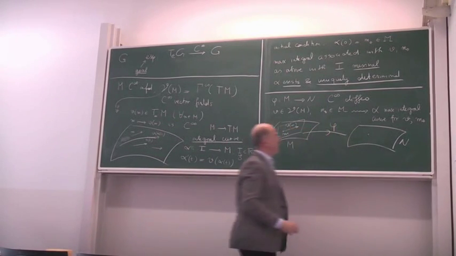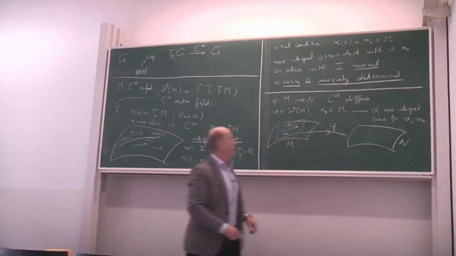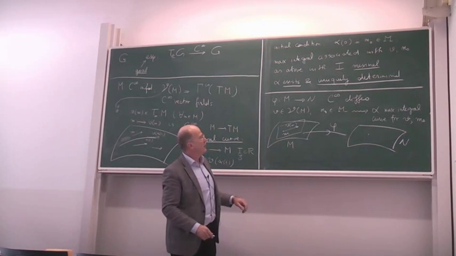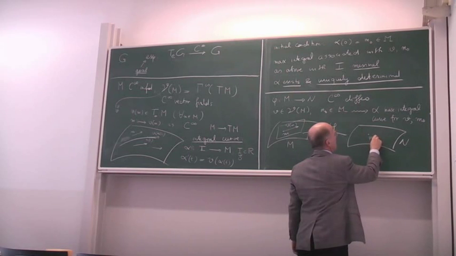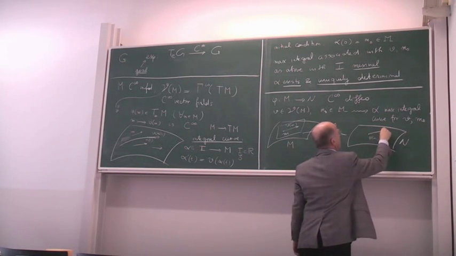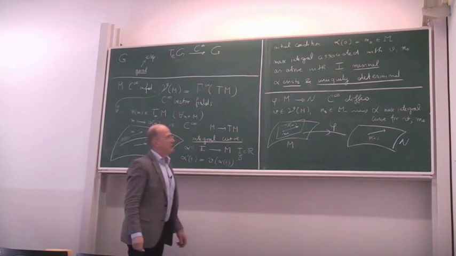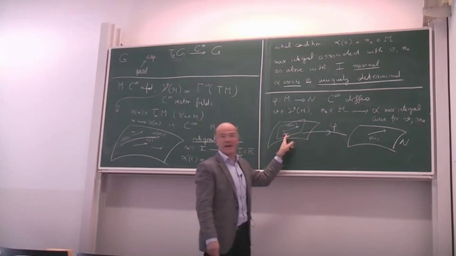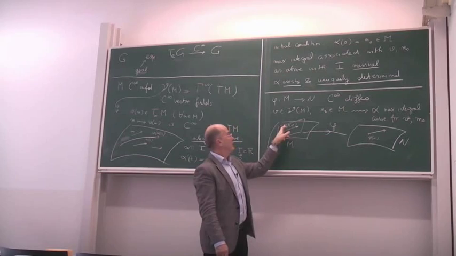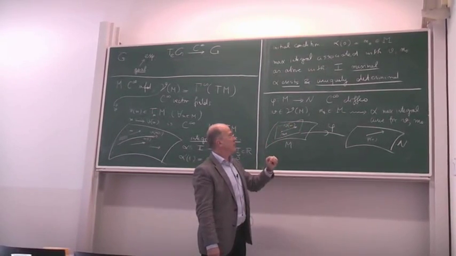Then how to produce a vector there? Well, in the image point phi of m, we can take the vector that is obtained by applying the tangent map of phi at the point m to the vector v of m.